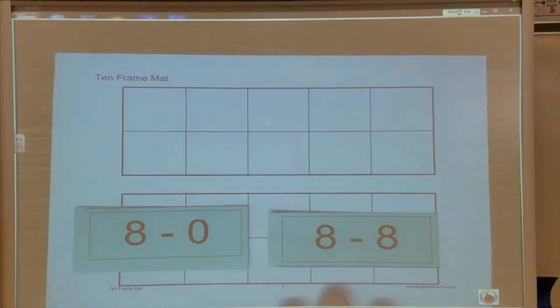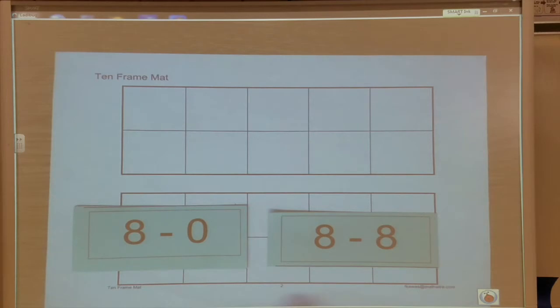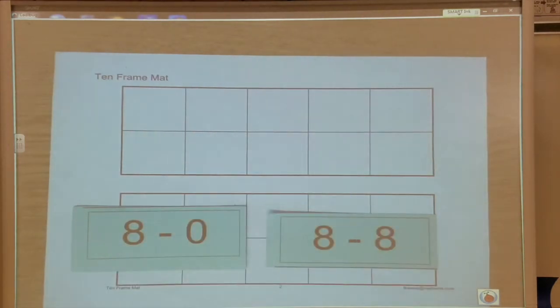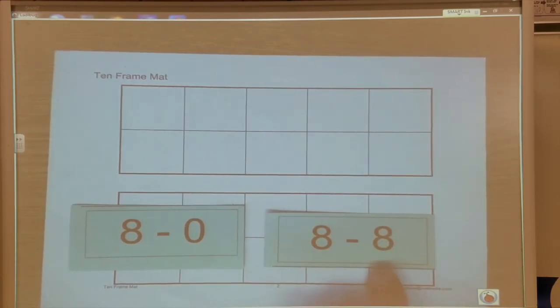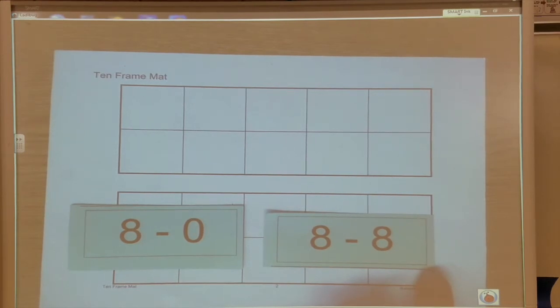How many fish are in the pond now? Obviously, there are no red fish left in the pond. But we want them to be able to generalize this understanding to the point to be able to explain, well, whenever the 2 numbers are the same, my answer is always 0.